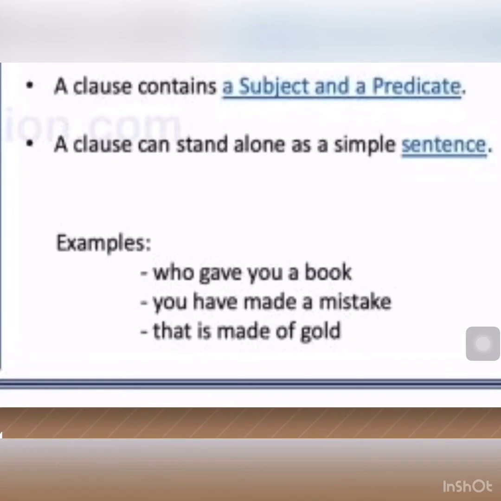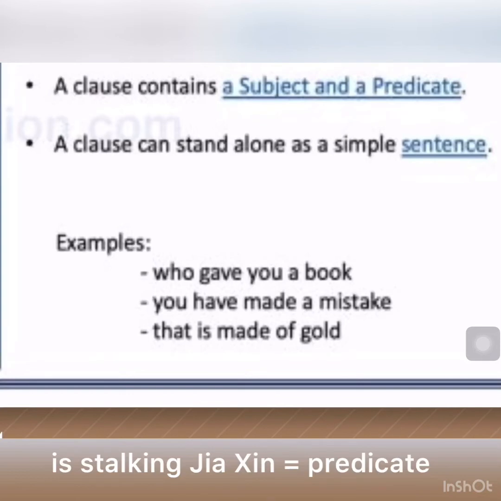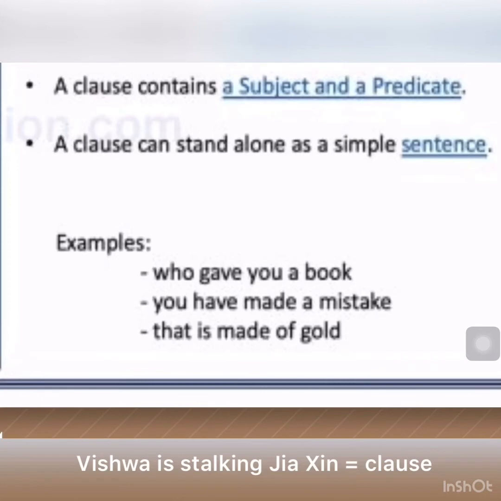So if I am talking about Visual, Visual is the subject here. What is Visual doing? Visual is talking. So the entire thing, Visual is talking, is a clause or a sentence. Okay.